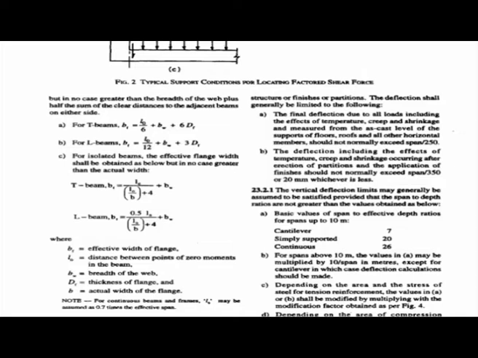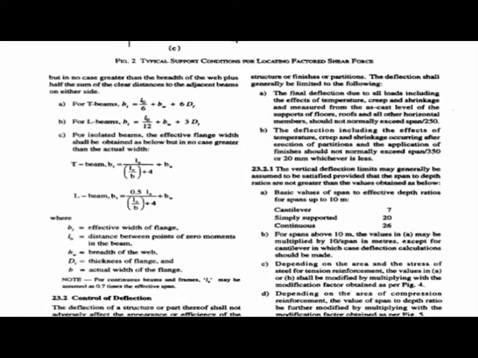What will be the initial depth that you consider? We take it from here. For basic values of span to effective depth ratios, for spans up to 10 meter, cantilever is 7, simply supported span by depth is 20, and continuous span by depth is 26. So from here, if you know the span, immediately you can calculate the depth of the section.